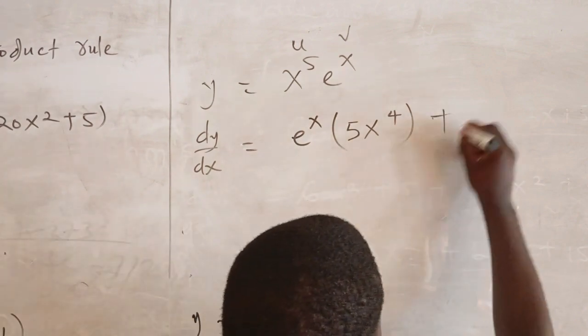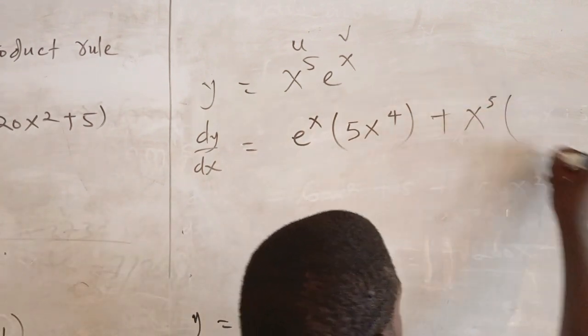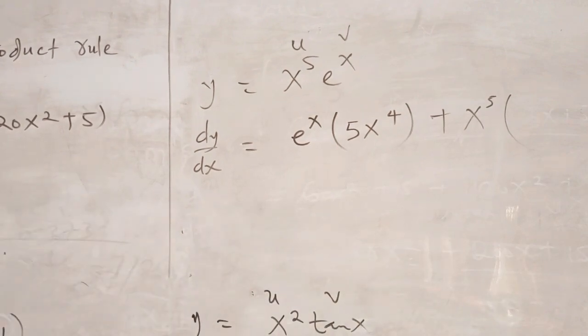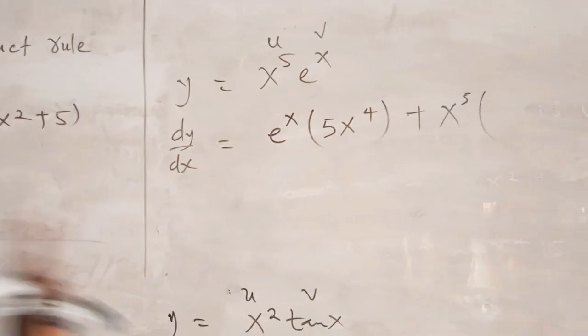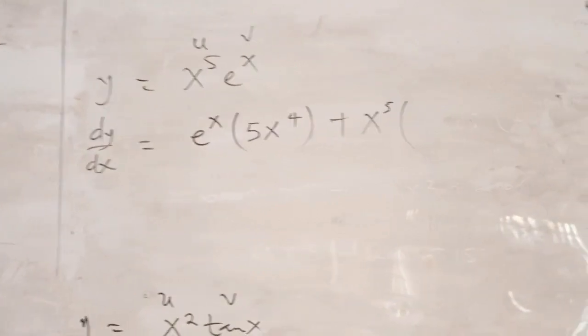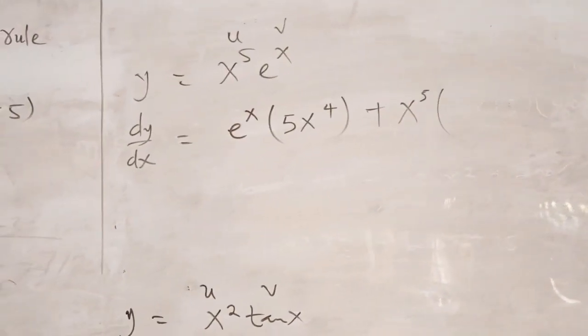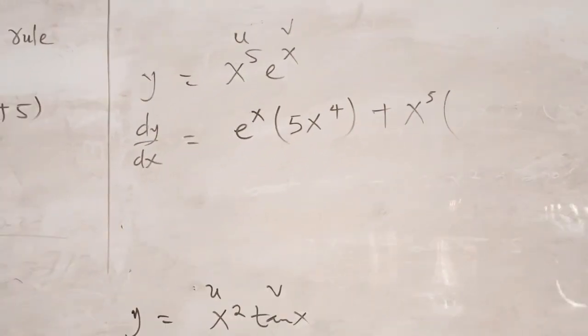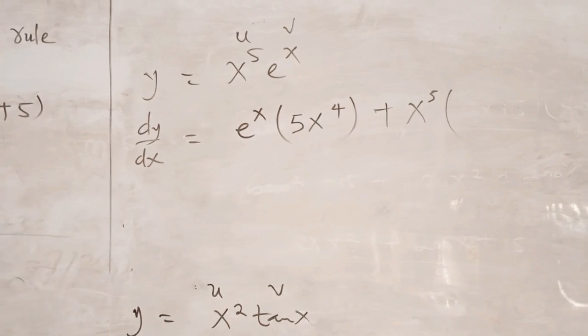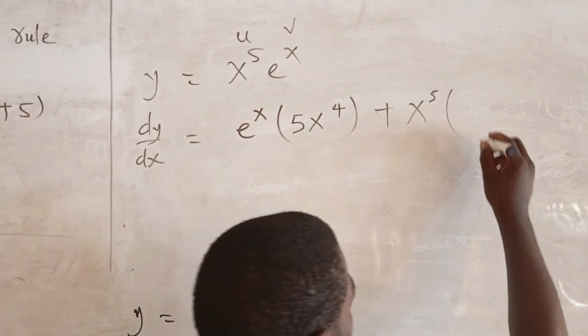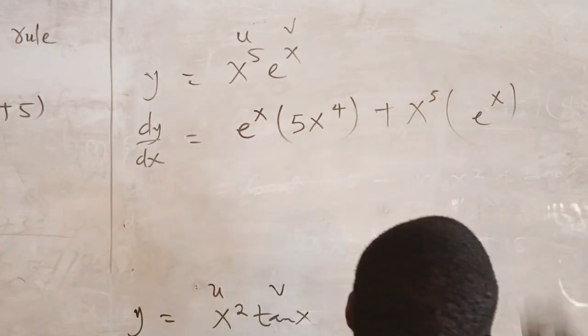Plus u, which is x raised to the power of 5, times the derivative of v. If we differentiate e raised to the power of x, it will still give us e raised to the power of x. Whenever you differentiate the exponential function, or you integrate e raised to the power of x, you still have the same thing. So this will still give us e raised to the power of x, right?